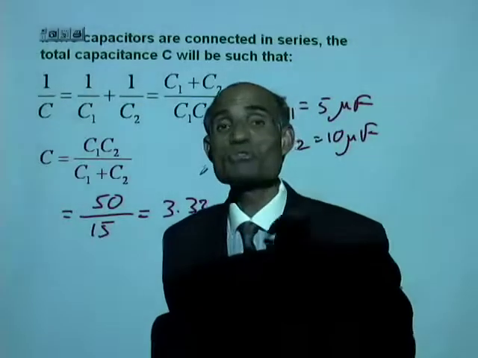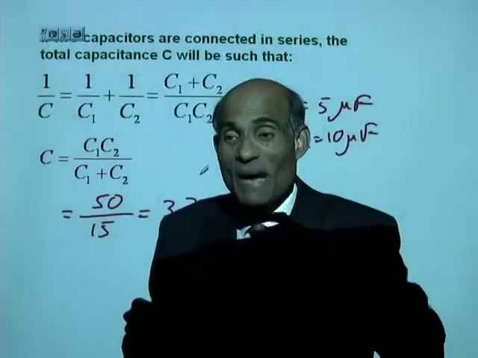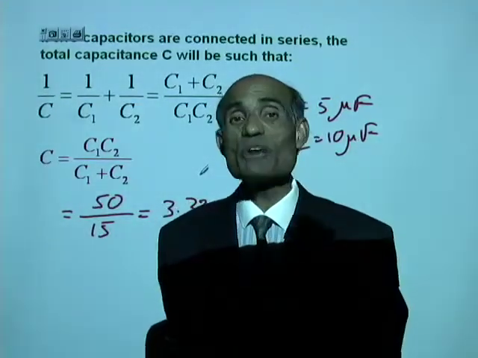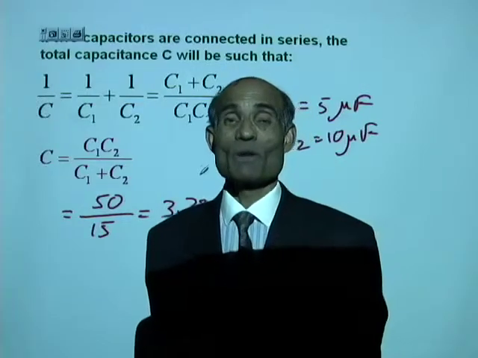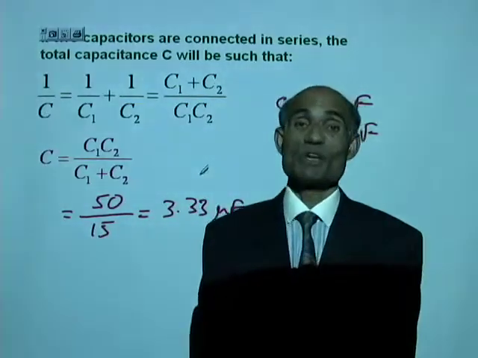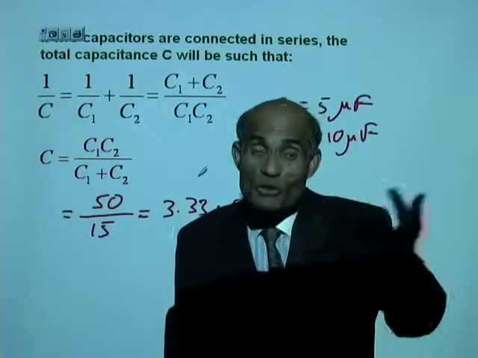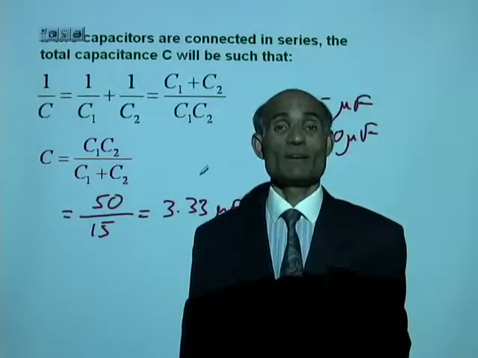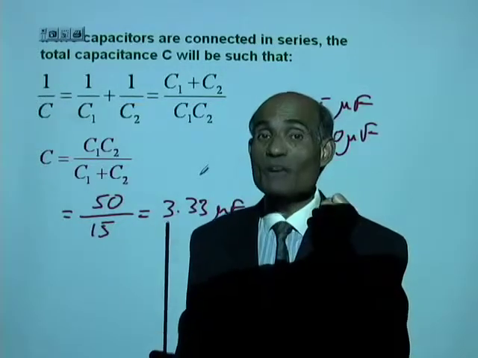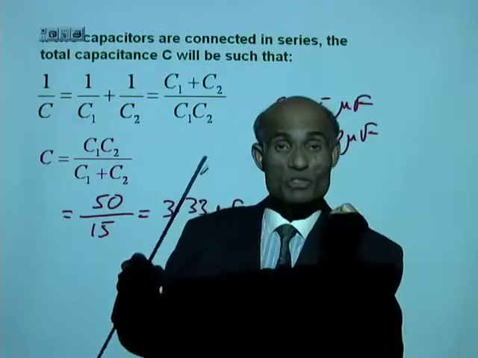So tell me, what is the use in connecting capacitors in series? Why do you want to do that? Well, sometimes you may need a value of a capacitor that is not in your stock. You want a very small value of the capacitor that is not in your stock.